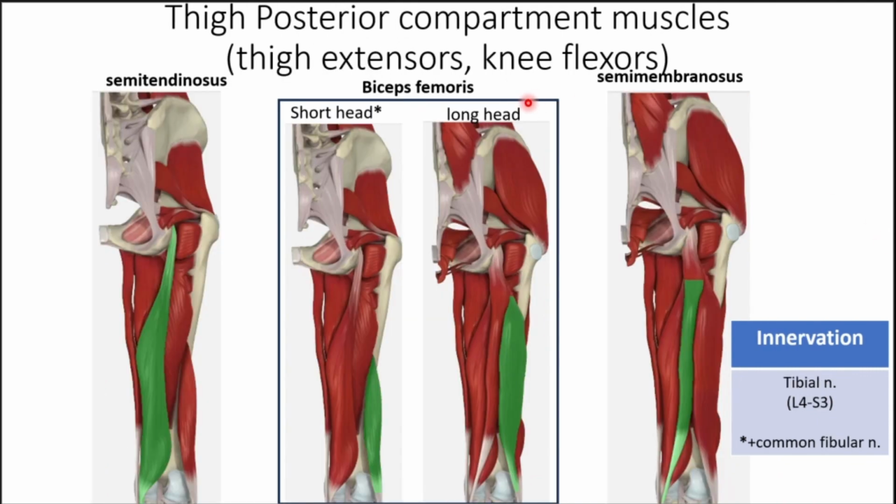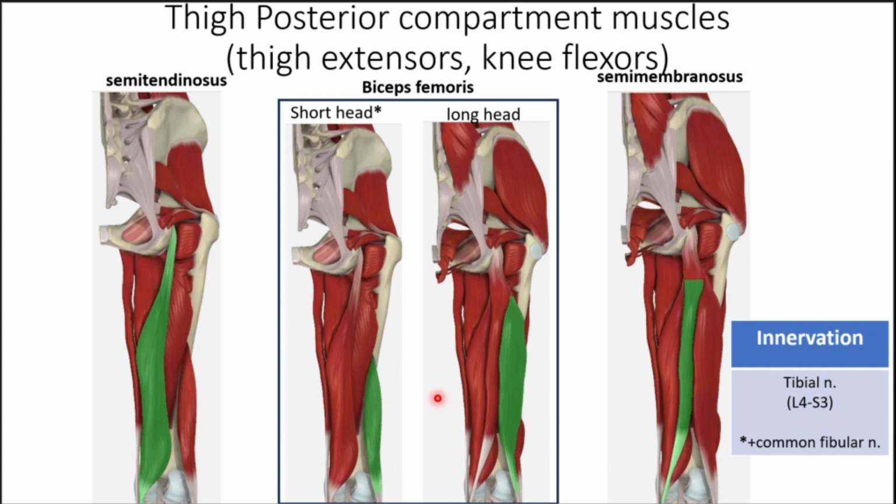The muscles in the posterior compartment of the thigh are primarily extensors of the hip and flexors of the knee because of their posterior orientation. The tibial nerve from ventral primary rami L4 to S3 innervates the muscles in the posterior compartment of the thigh, with the exception of the short head of the biceps femoris, which is innervated by the common fibular nerve.